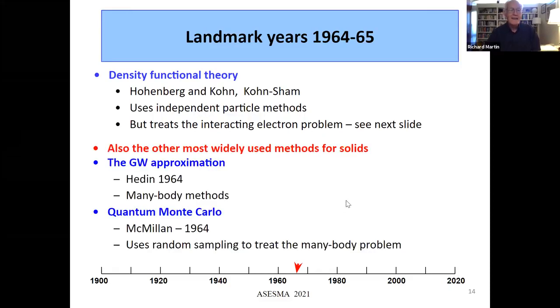It's interesting that in the same years, other methods of dealing with quantitative calculations for solids were developed, with Hedin's GW approximation in 1964, and the first quantum Monte Carlo simulations of many-body systems by McMillan in 1964. By the way, he was a student of Bardeen at the time and did calculations on computers that he put together in his basement.